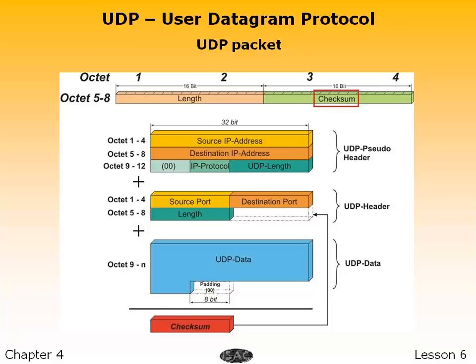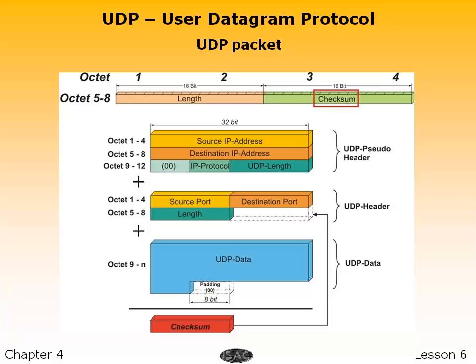If error correction facilities are needed at the network interface level, an application may use the Transmission Control Protocol or Stream Control Transmission Protocol, SCTP, which are designed for this purpose.